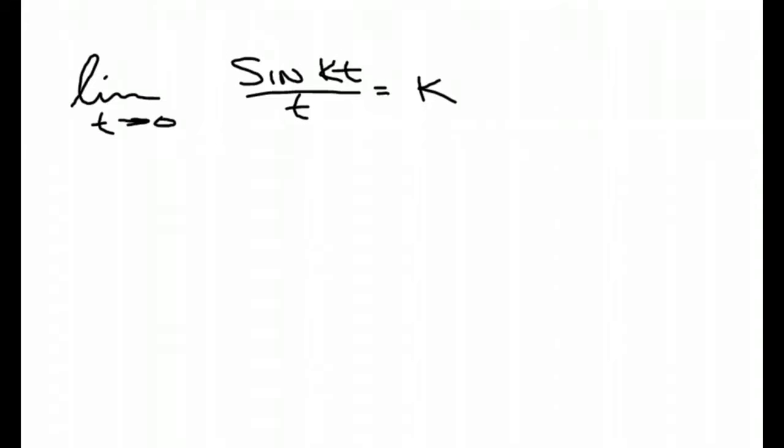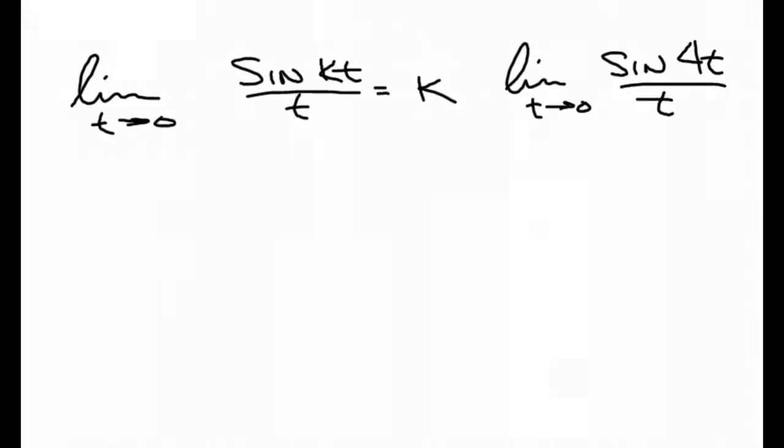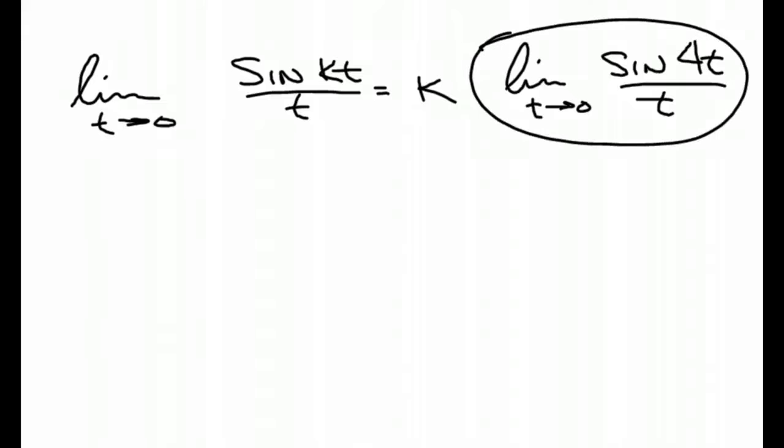What does k represent? Okay, a number. So for instance, if I had the limit as t approaches 0 of the sine of 4t over t, what they're saying is this whole thing actually equals 4.